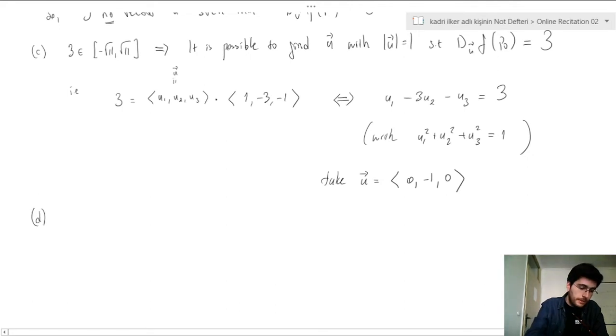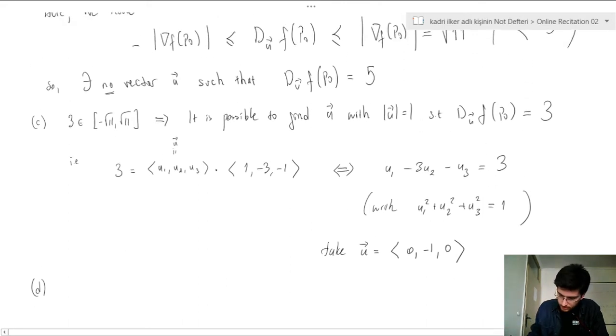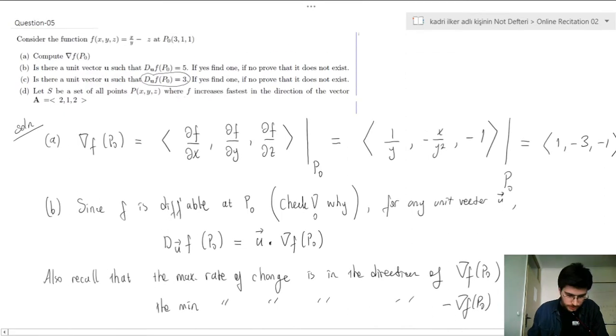So what about part D? Part D is a little bit weird. It says: let S be the set of all points where f increases fastest.